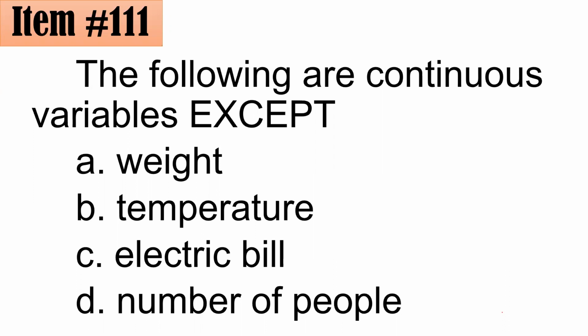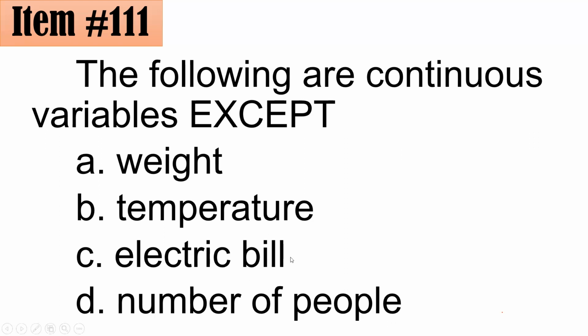Tandaan po natin, when we say continuous variables, these variables could be measured. You gather quantitative data through measurement. When we say discrete quantitative variable, you gather data by means of counting. So, di ba yung weight mini-measure mo? So, weight is continuous. Temperature is also continuous since you measure temperature by, say, a thermometer.